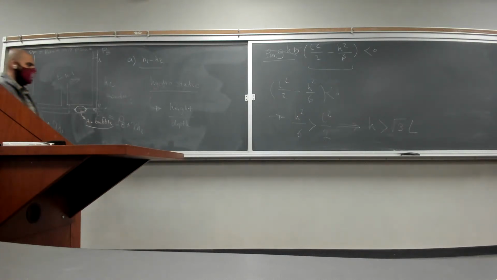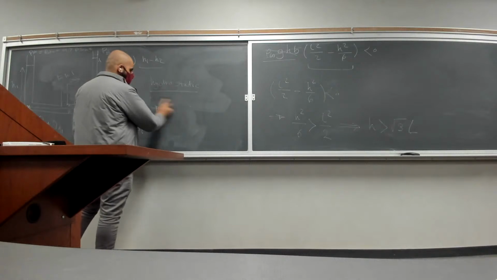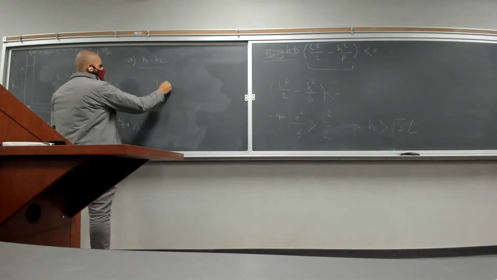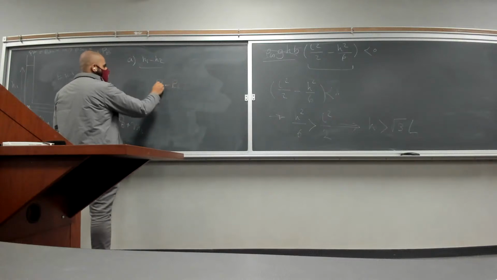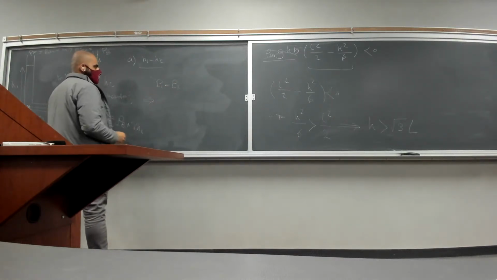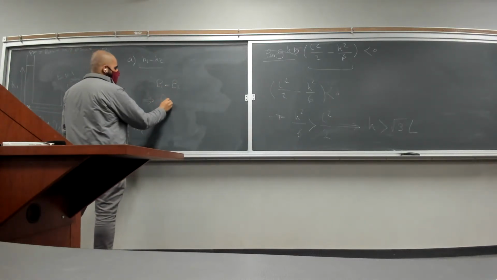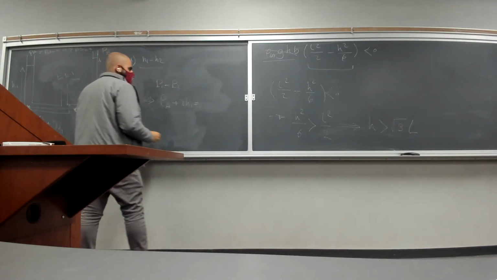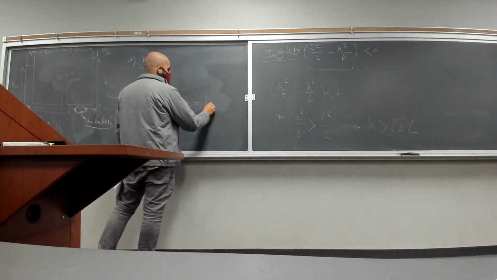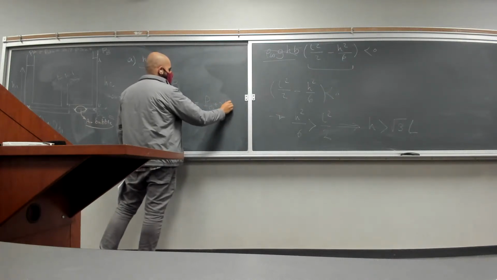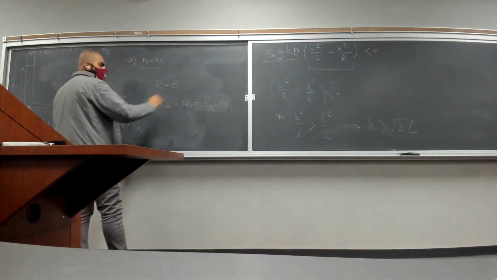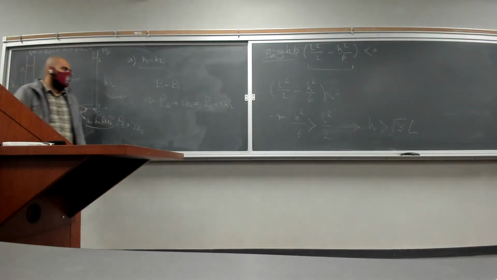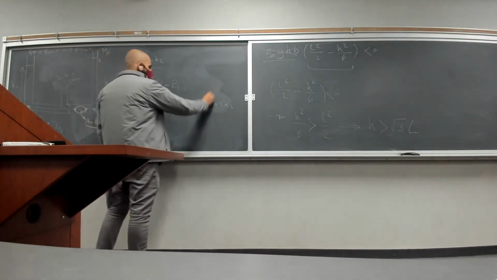So P1 is going to be equal to P2, which means that PA plus gamma H1 is going to be equal to PB plus gamma H2. PA and PB are equal. They are both atmospheric pressures. So we cancel each other out.